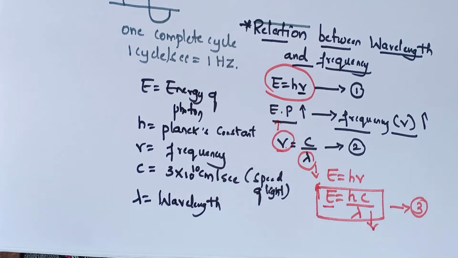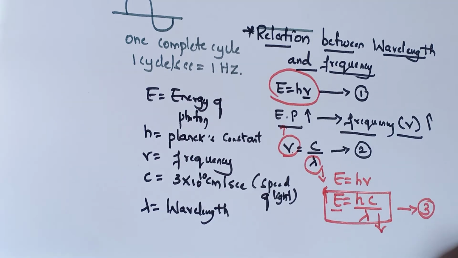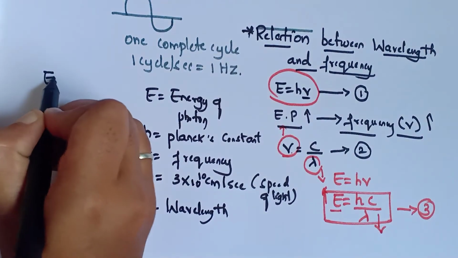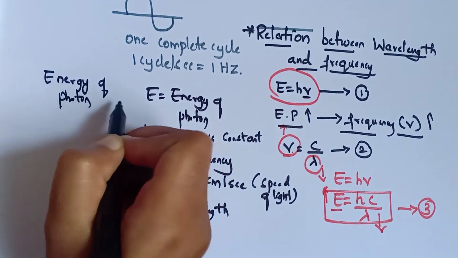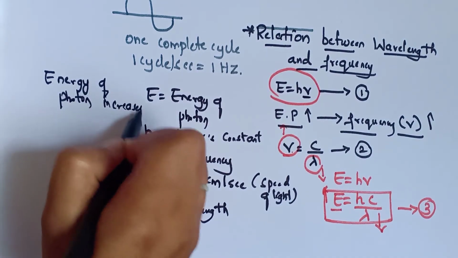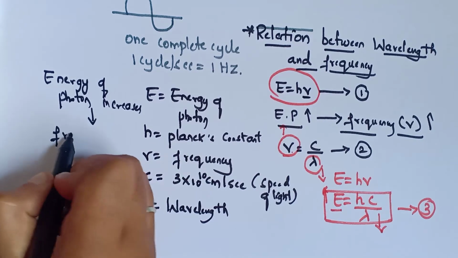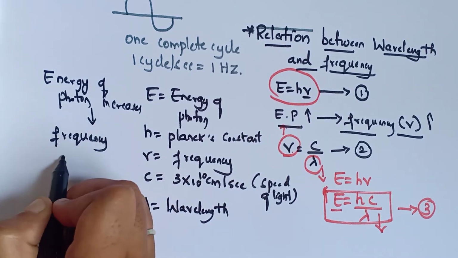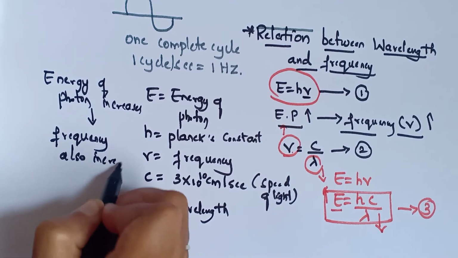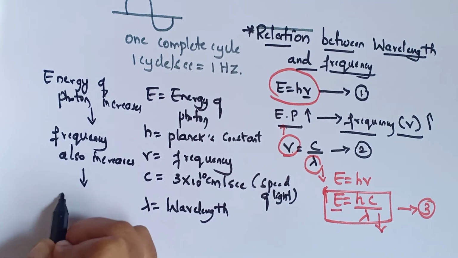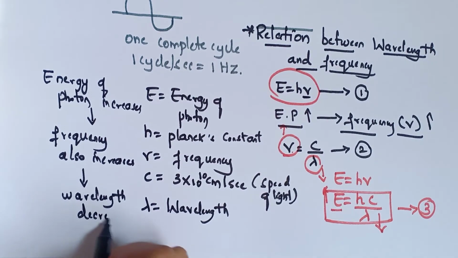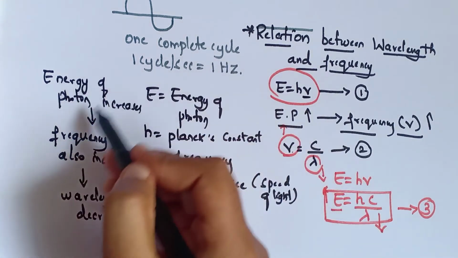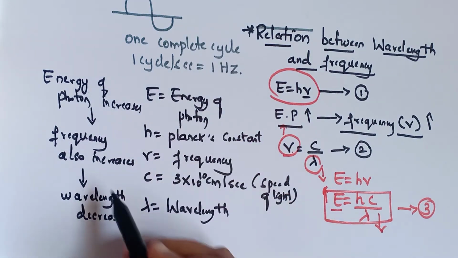So the main important point here is, if the energy of a photon increases, frequency also increases, and wavelength decreases.